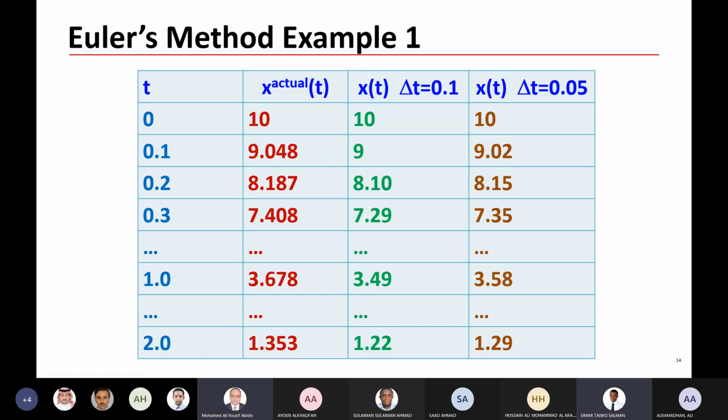Talking about delta t playing a very big role in the accuracy of the solution, I think the number of iterations also plays an important role. Definitely. The number of iterations depends on delta t.